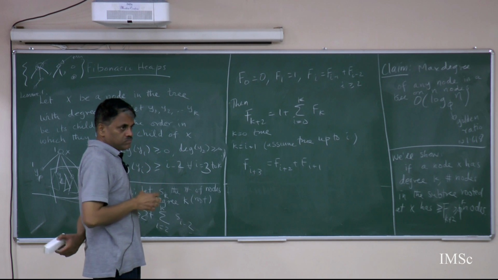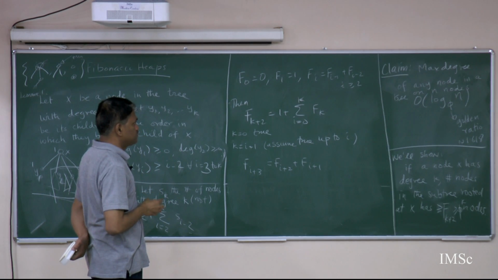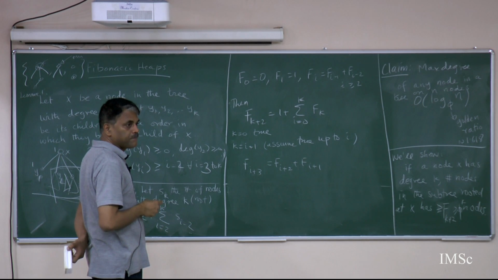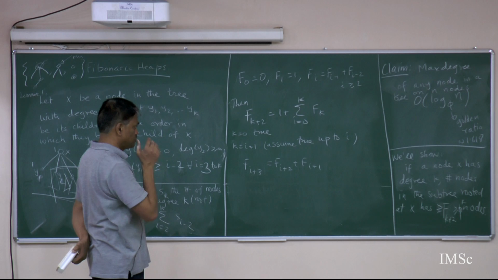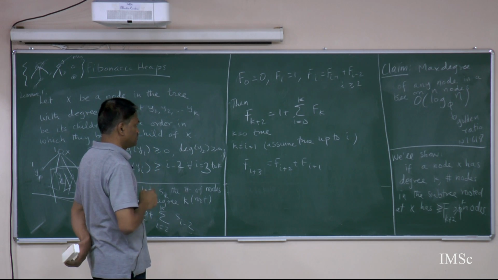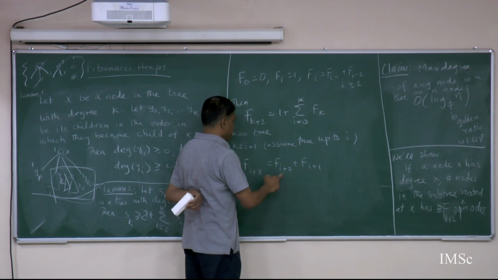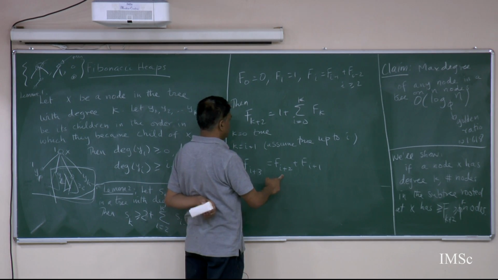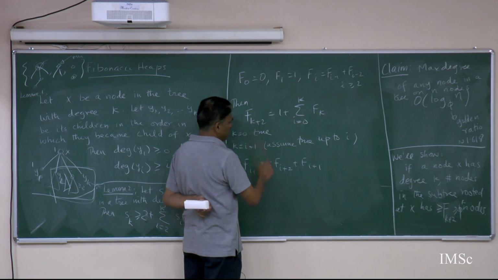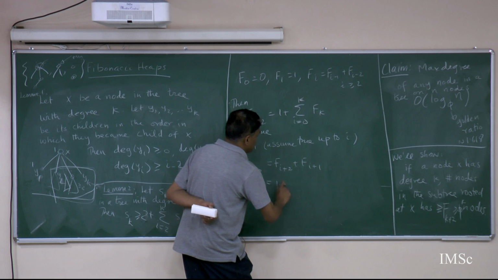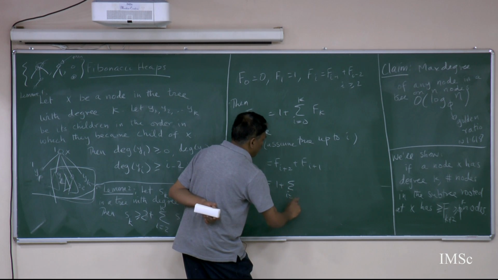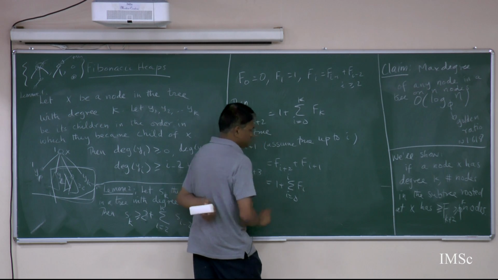The index on the summation is i and inside is F_k. By the induction hypothesis, when I put k equal to i, this is equal to 1 plus the summation from 0 to i of F_i, this whole thing.